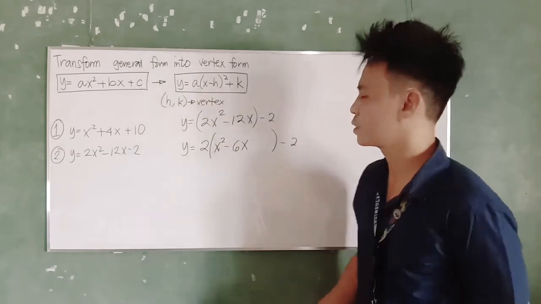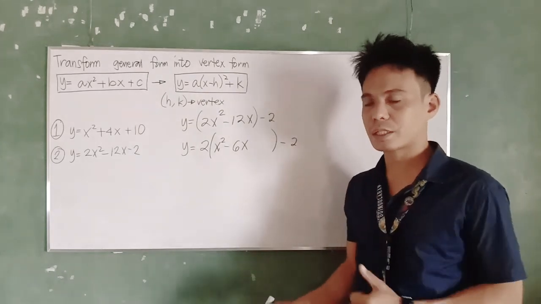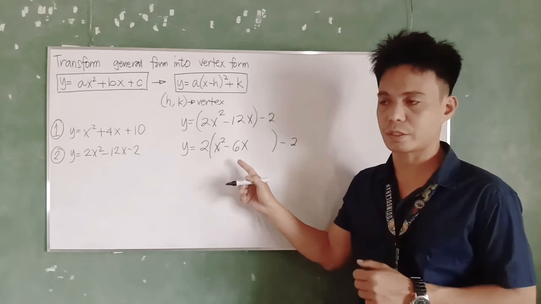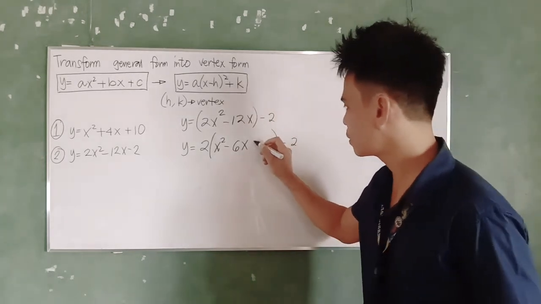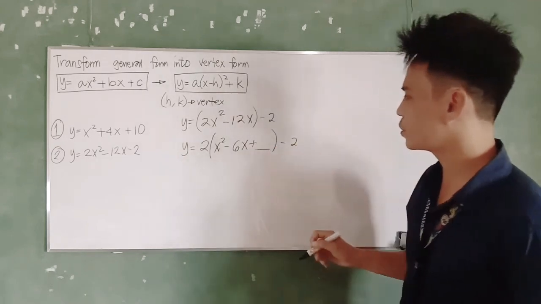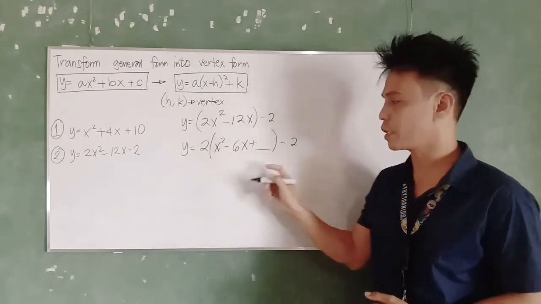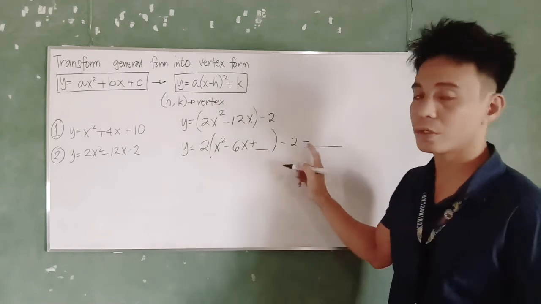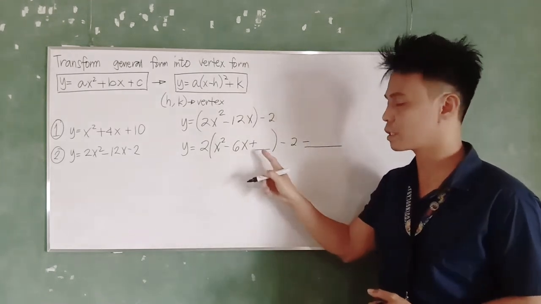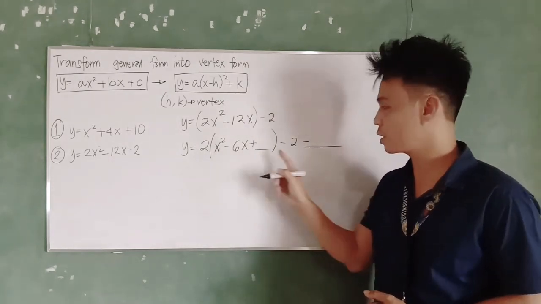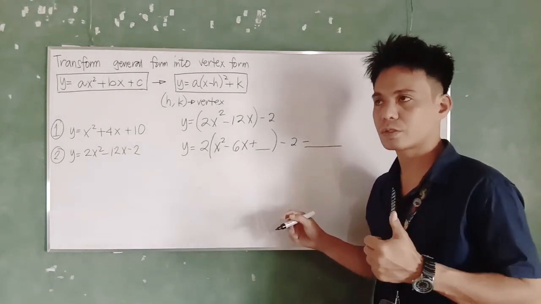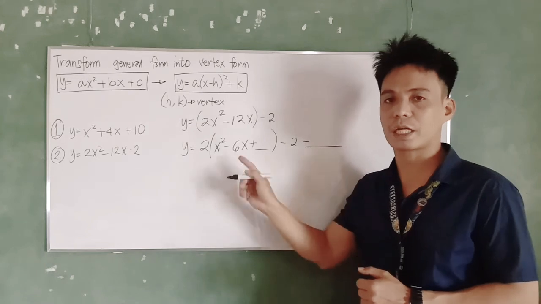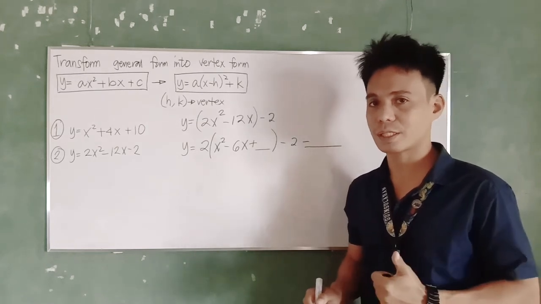minus 2. So gagawin natin guys is to make it a perfect square trinomial. So rule natin dito is to add the value on the regroup side and to subtract the value on the constant part. So add natin dito sa regroup ng variable x, pero subtract natin sa dito sa may constant part. Okay? So bakit? Para pantay pa rin yung equation natin. Okay?